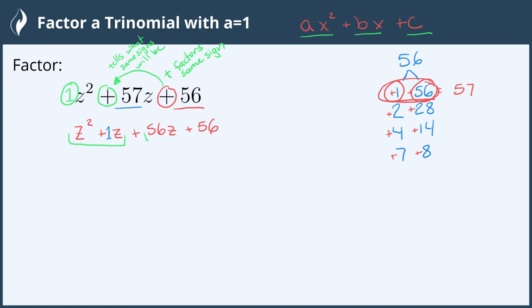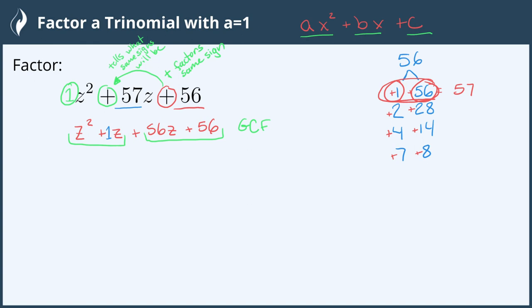We group our first 2 and our last 2, and we factor out the greatest common factor. Now, some of you may have noticed, as you've been working through some of these, that when the trinomial has a equals 1, the factors we use to factor by grouping actually give us the same numbers in our binomials.